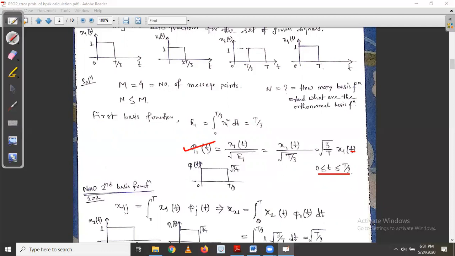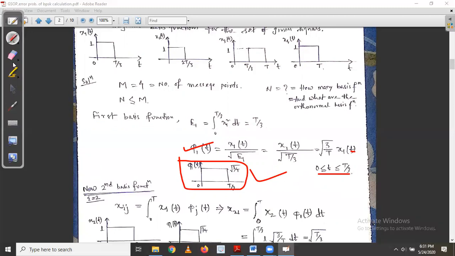So phi 1(t) is nothing but a signal which has amplitude root of 3/T in the range of 0 to T/3. This is your phi 1, that is the first basis function.